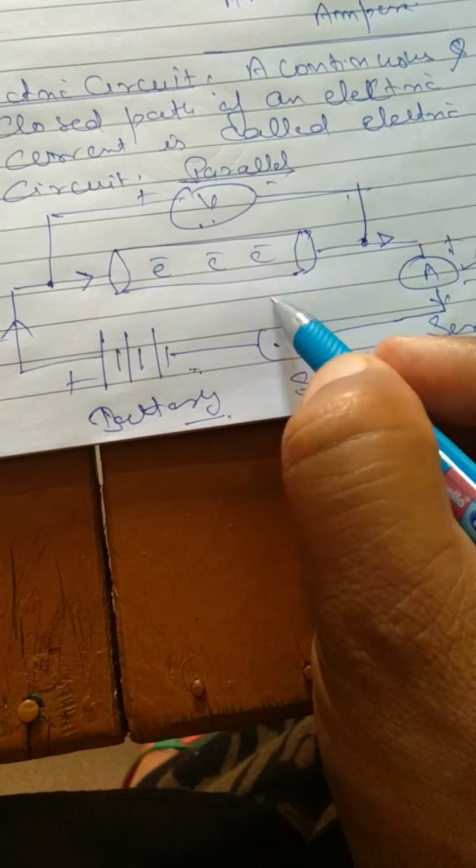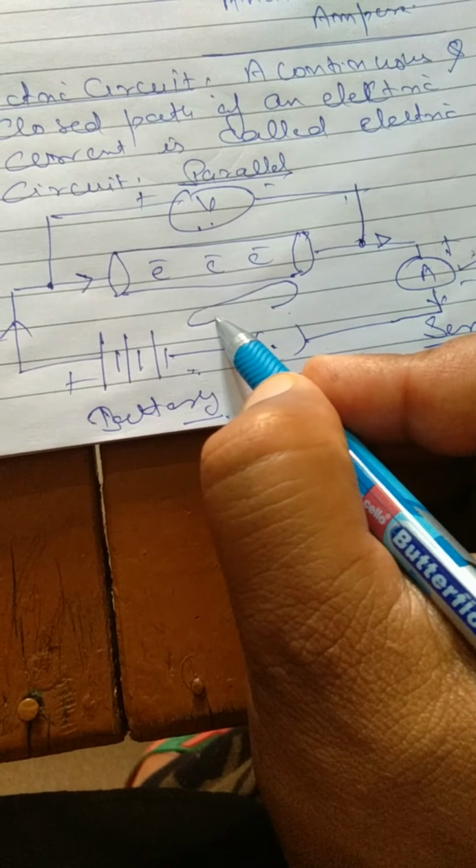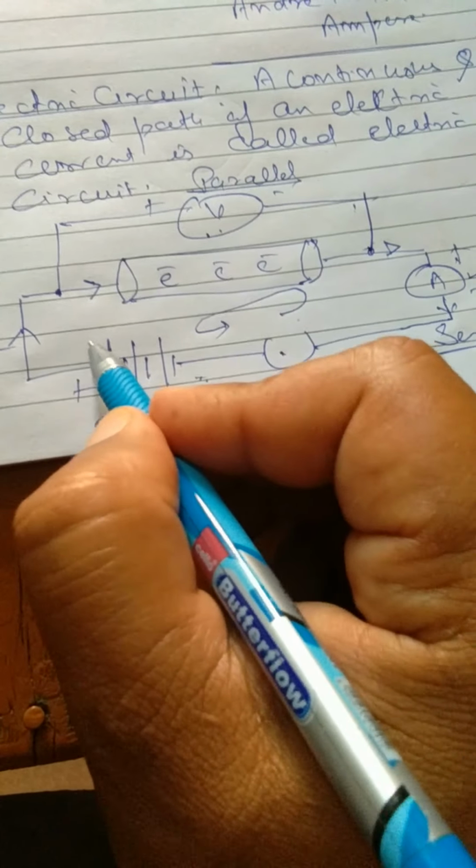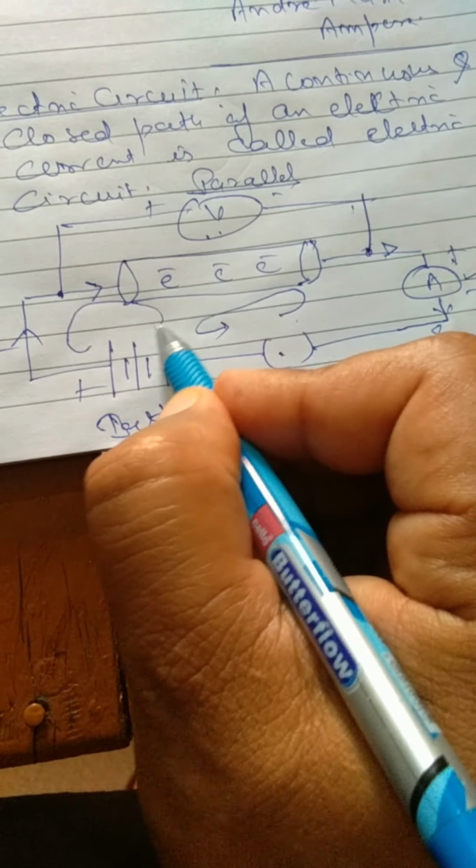It is always opposite to the direction of electron flow, as electrons move from negative to positive, and electric current moves from positive to negative. That is, the direction of electrons is opposite to the direction of current.